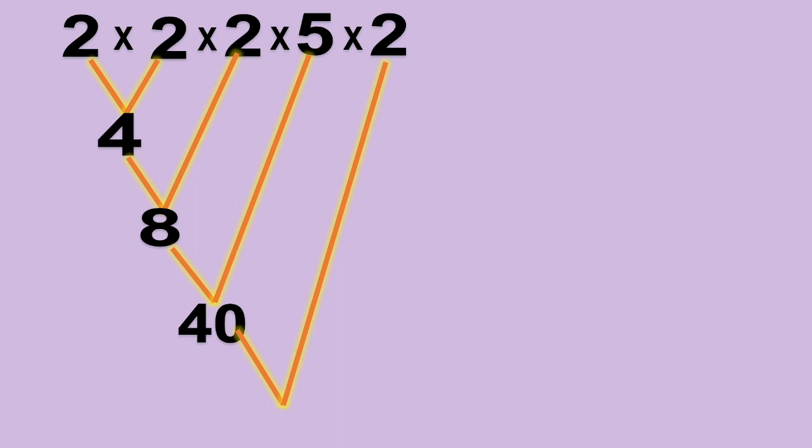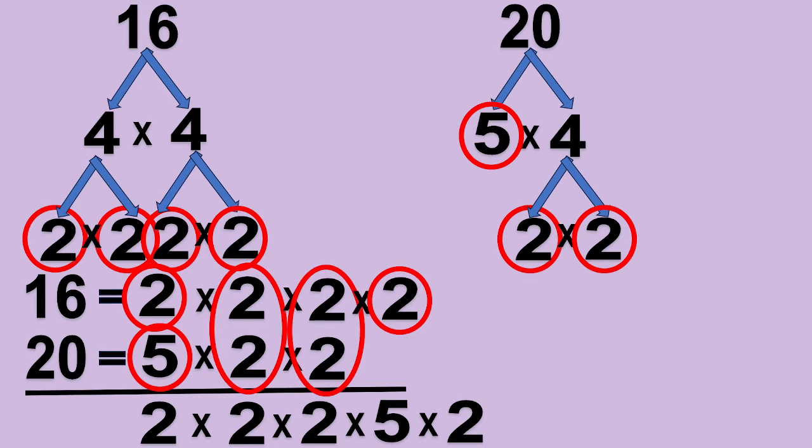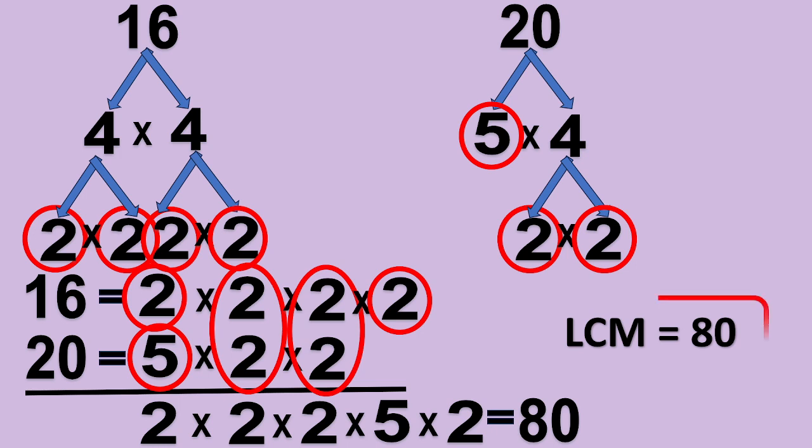And 40 times 2 is equal to 80. So, 2 times 2 times 2 times 5 times 2 is equal to 80. The LCM is 80.